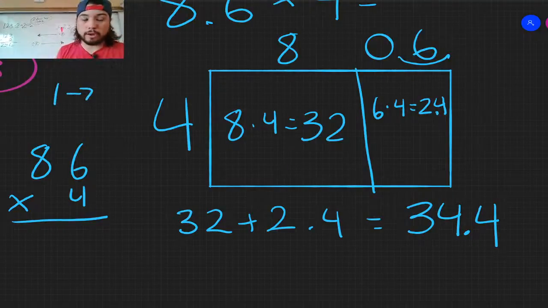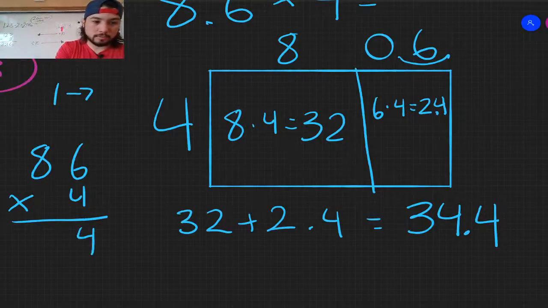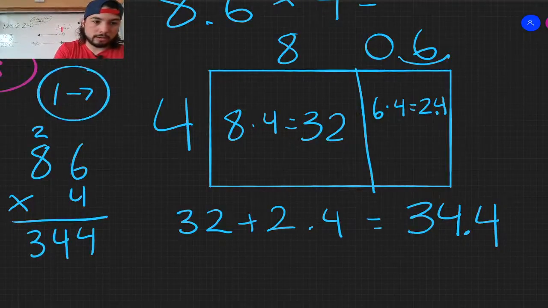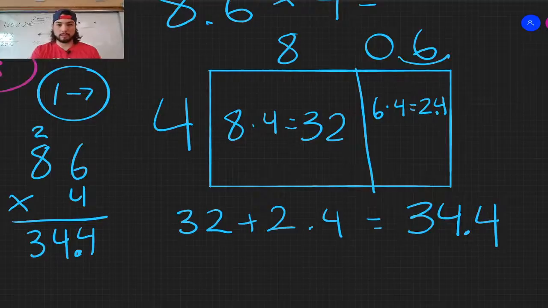We need to put 1 back to the left once we're done. 6 times 4 is 24. 8 times 4 is 32, plus 2 is 34. And then we've got to make our inverse here, so our decimal point's there. We'll move it one place back to the left, or move our number one place to the right. And we're left with the same final answer.